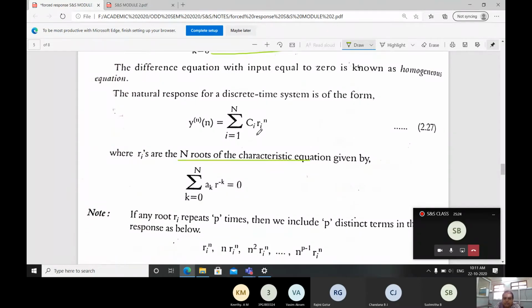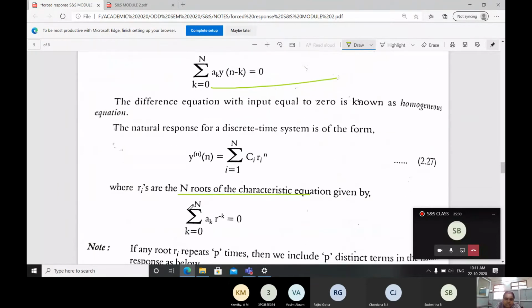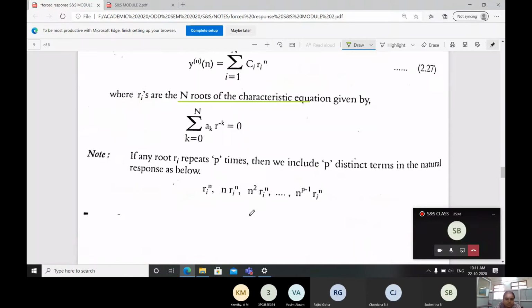Therefore, after substituting the r value, it will change as summation k equal to 0 to N, a_k y of n minus k. In terms of roots, you will get r raised to minus k, that is going to be equal to 0.